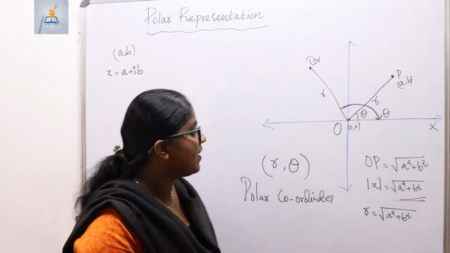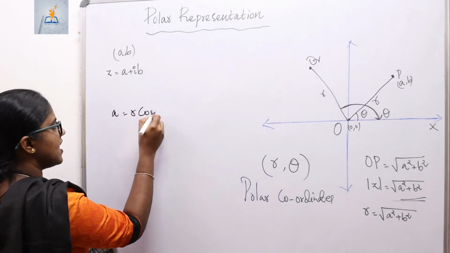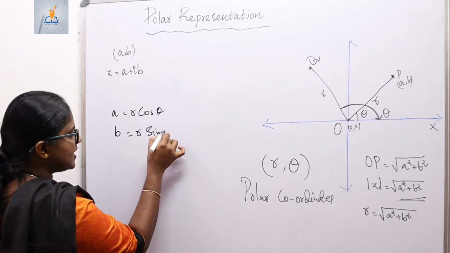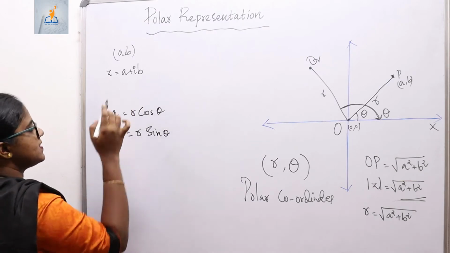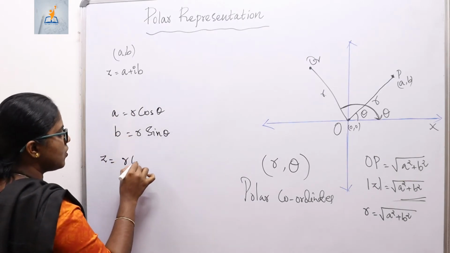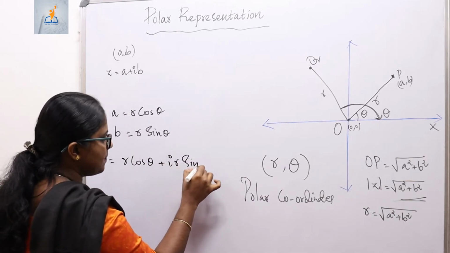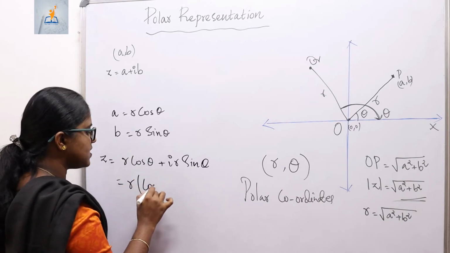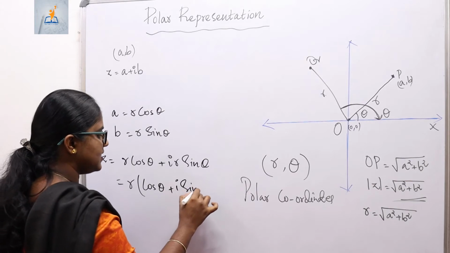Also we have a is equal to r cos theta and b is equal to r sin theta. Therefore z, which is a plus ib, will become r cos theta plus i into r sin theta. So taking r common, we will get r into cos theta plus i sin theta.